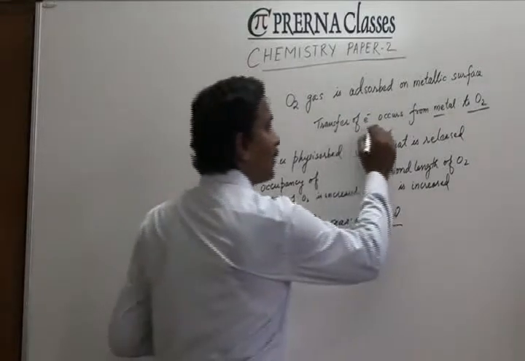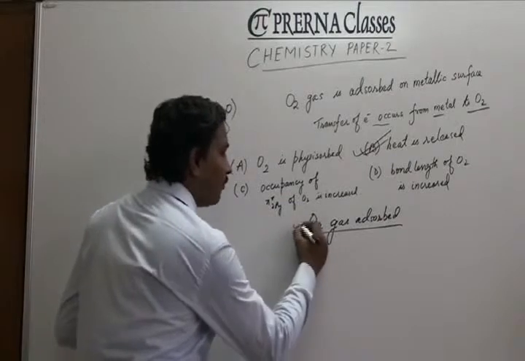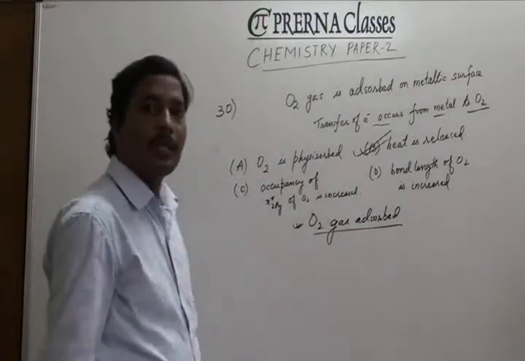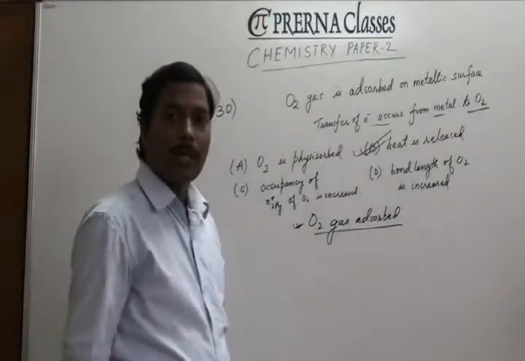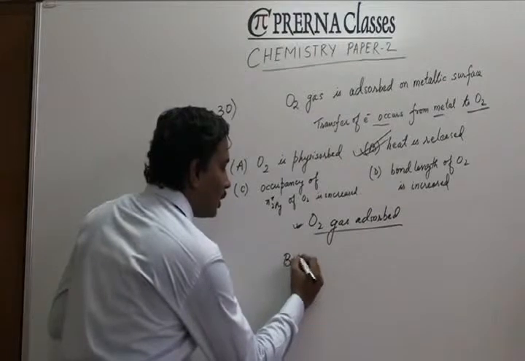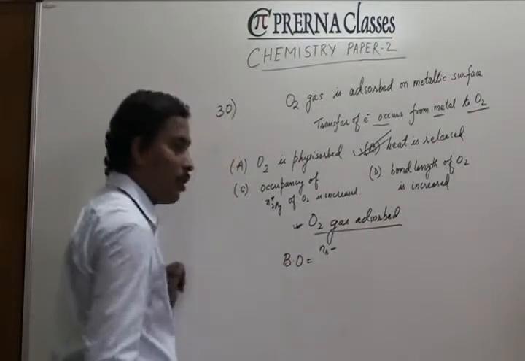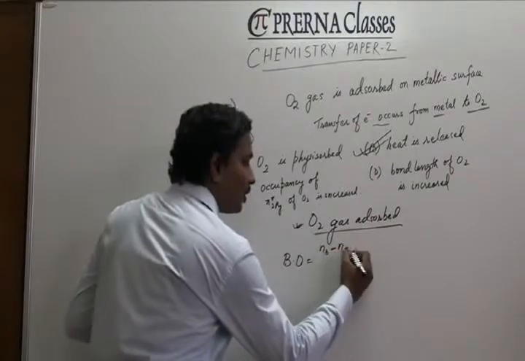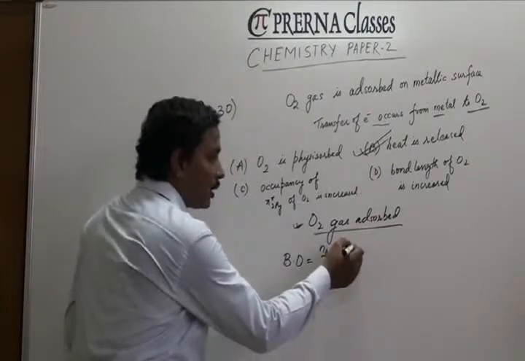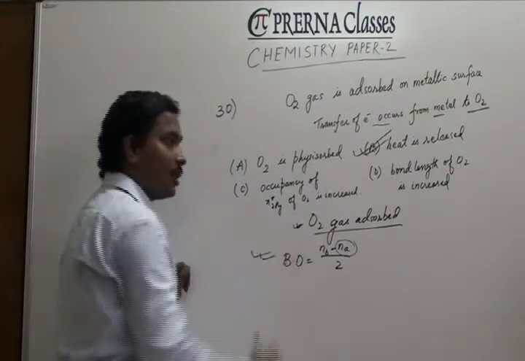Now if there was a transfer of electron from metal to oxygen, that means oxygen gains one more electron, and that electron will be filled in the antibonding orbital. So we know that bond order is equal to the number of electrons in bonding minus the number of electrons in antibonding, divided by 2. If the number of electrons increases in antibonding, the bond order decreases.